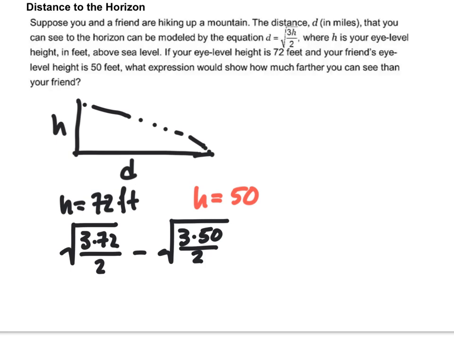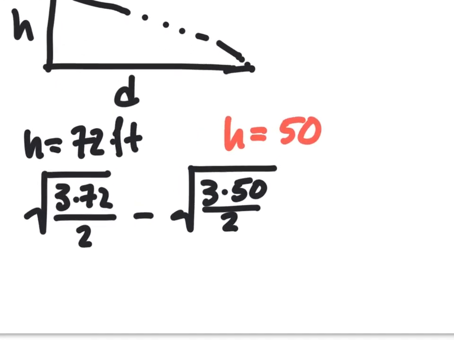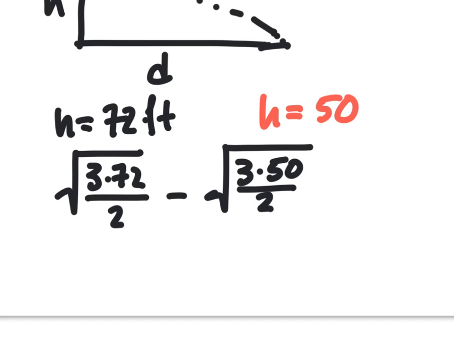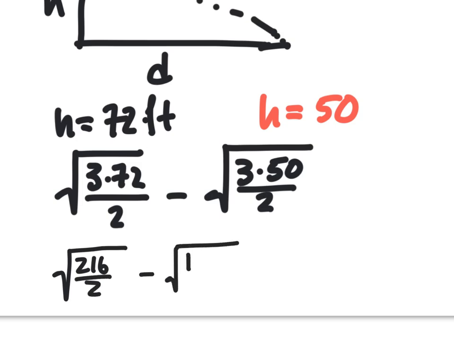To simplify this, let's see what our numbers do here. Let's take 3 times 72. That's going to give me the square root of 216 over 2, and then minus 3 times 50 is going to give me the square root of 150 over 2.